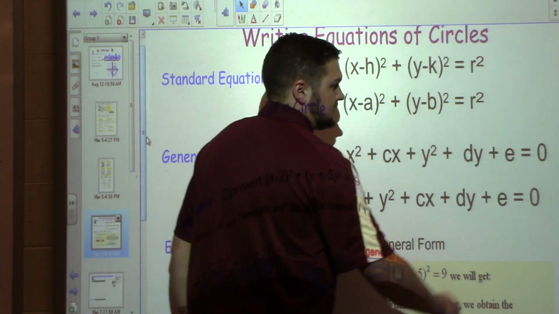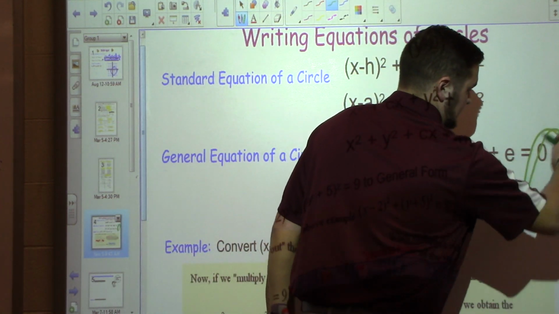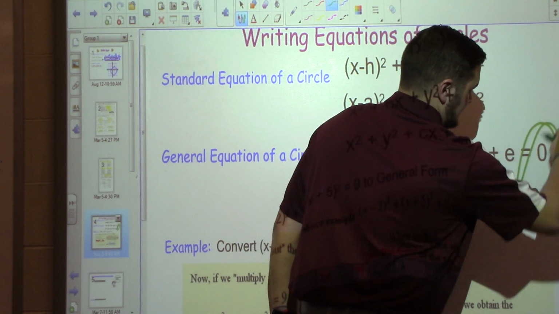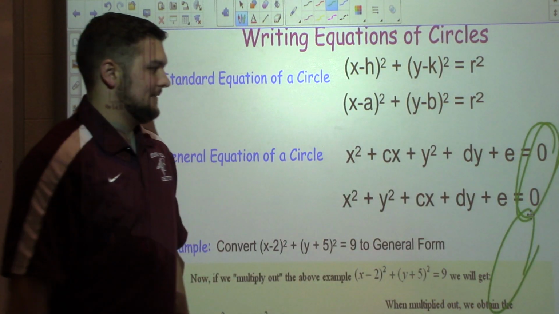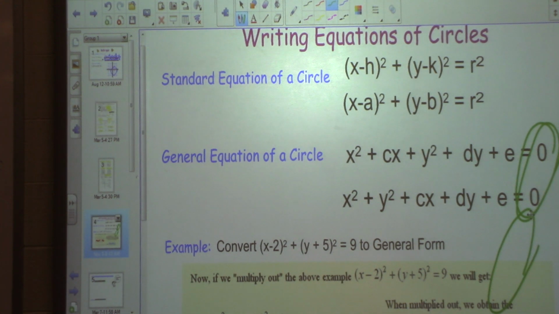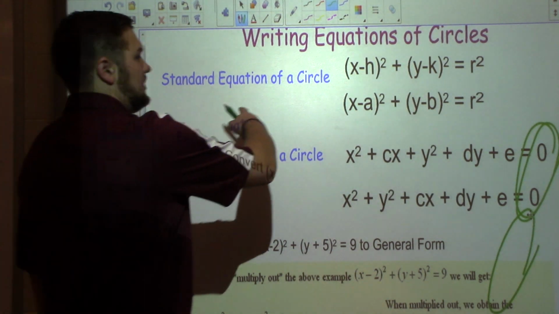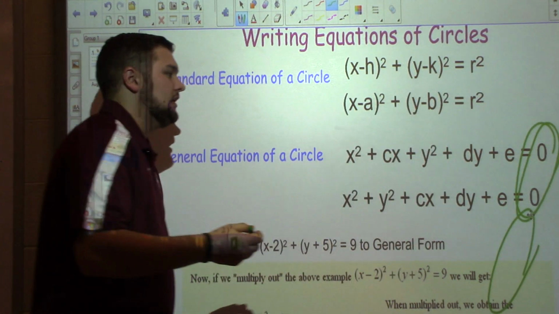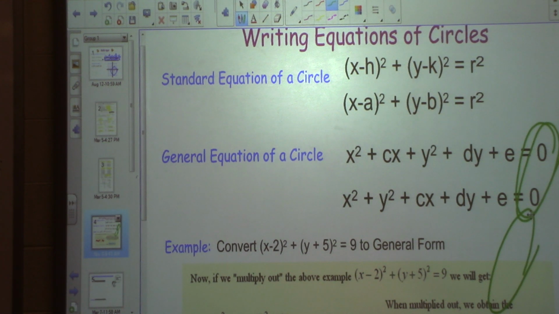That's the big thing about this general form. Anytime you're putting something in general form, it must equal 0. Standard equation equals the radius squared. General form equals 0.